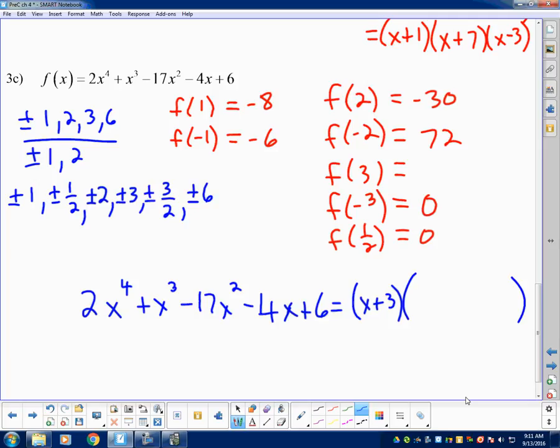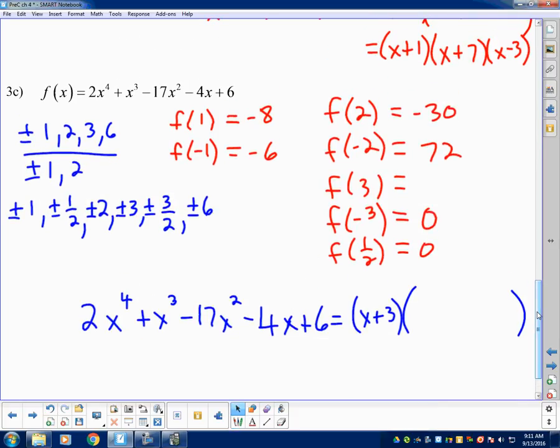Typically, what you would do is go until you find the first one. I don't know that it's efficient to go through all of them to try to find the one or two that work. So you would go till you find one. Then what you would do is your synthetic division, which looks like this.